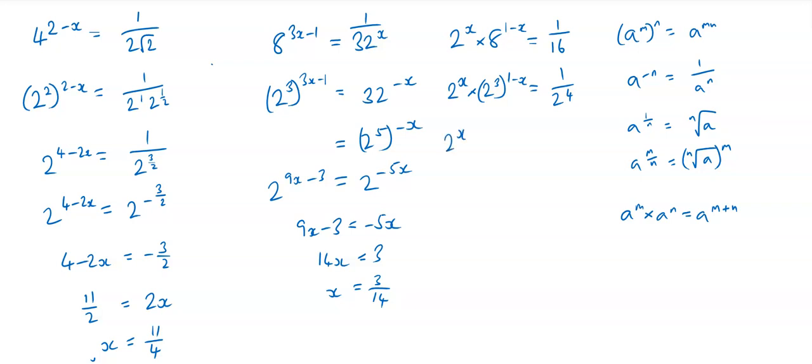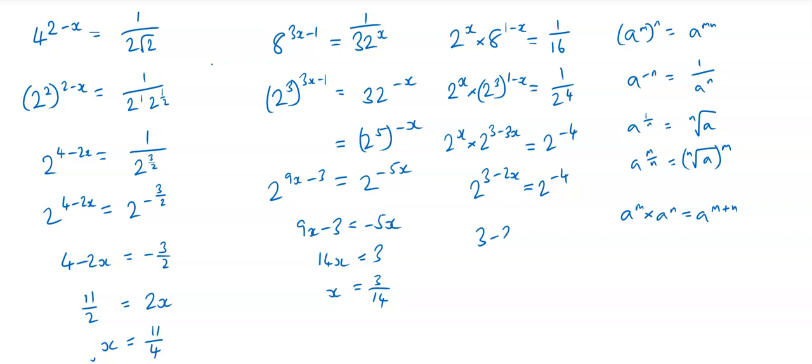We have 2 to the x times 2 to the 3 minus 3x equals 2 to the minus 4. We've still got to combine that left-hand side to get just one 2 to the power of something. So we're going to add the powers. 2 to the 3 minus 2x equals 2 to the minus 4.